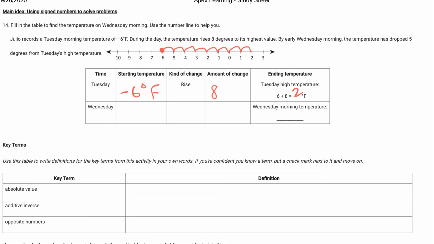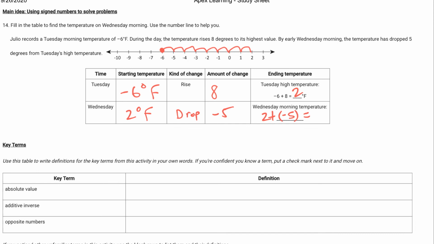And by Wednesday, that starting was 2 degrees Fahrenheit, and then it dropped 5 degrees. So it starts at 2, but it drops 5 degrees.